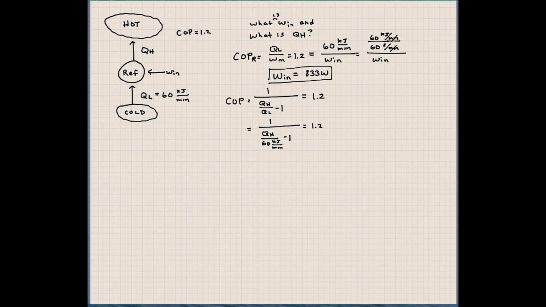So you guys can solve for QH in this. I'll leave the algebra to you, but QH should come out to be 110 kilojoules per minute.